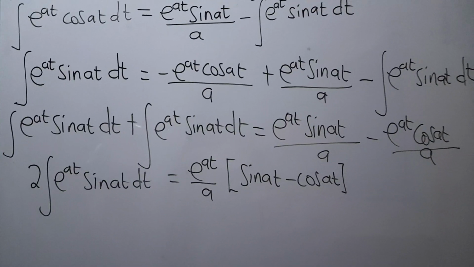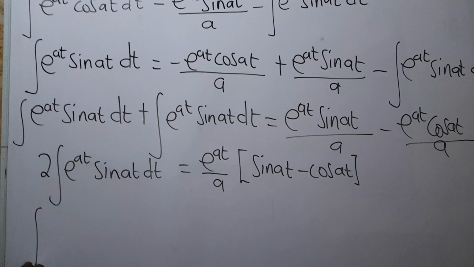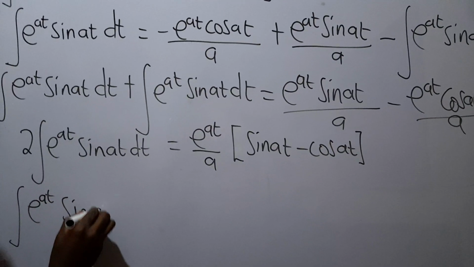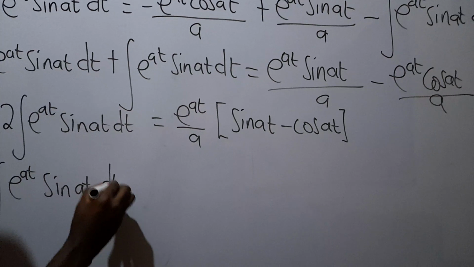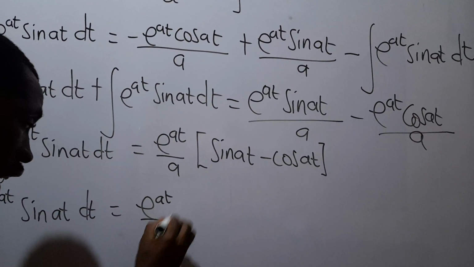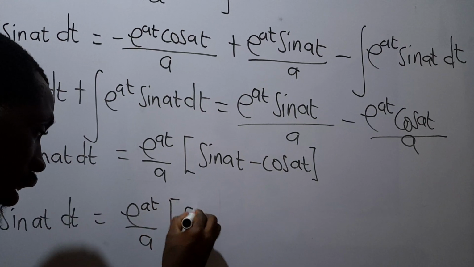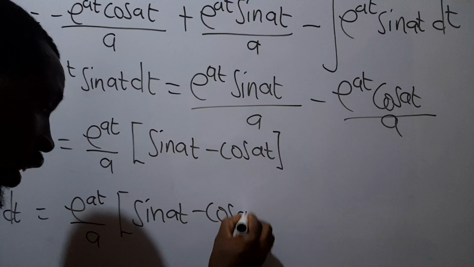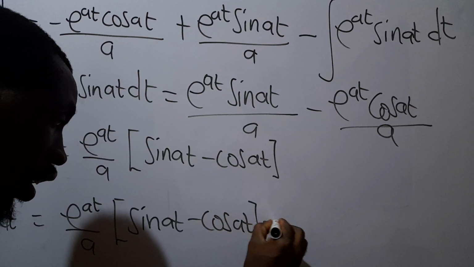Now I'll divide both sides by 2. So I can say the integral of e^(at) sin(at) dt will be equal to e^(at) over a times sin(at) minus cos(at), divided by 2.